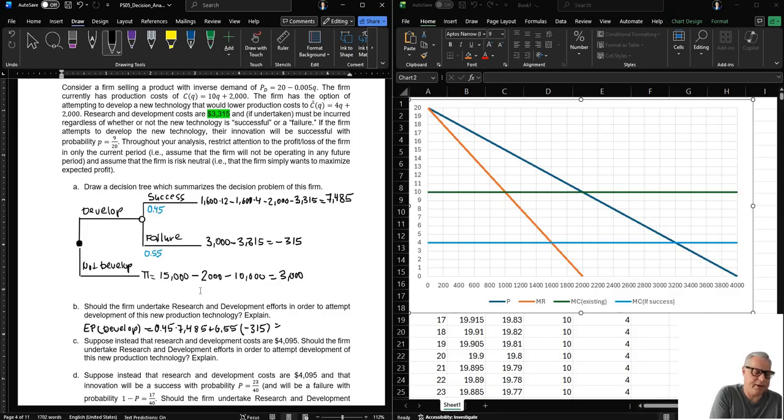Okay, so now I get 3,195. Oh, I did make a mistake. Well, since this expected payoff is greater than the certainty equivalent of not develop, the answer is, of course, we will develop. So the answer is develop.